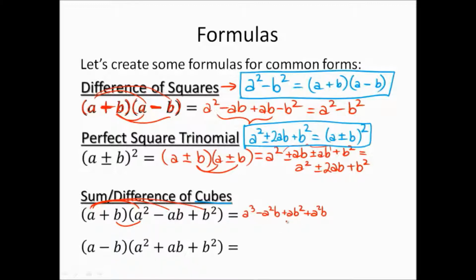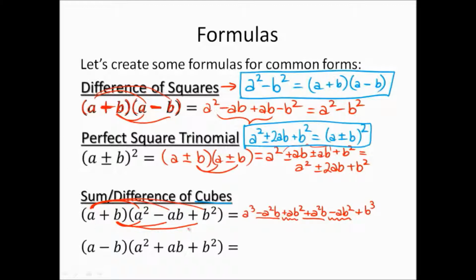And notice I'm always leaving them in alphabetical order so that I can notice any like terms if they're existent. B times negative ab is negative ab squared, and b times b squared is positive b cubed. Let's take a look at all these middle terms. We've got a negative a squared b and a positive a squared b, a positive ab squared and a negative ab squared.